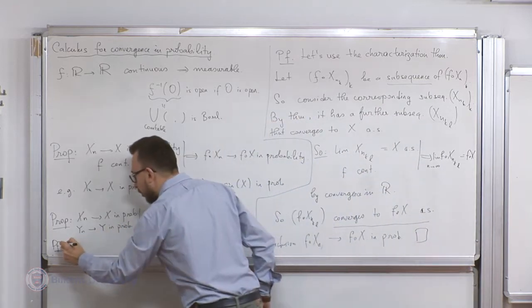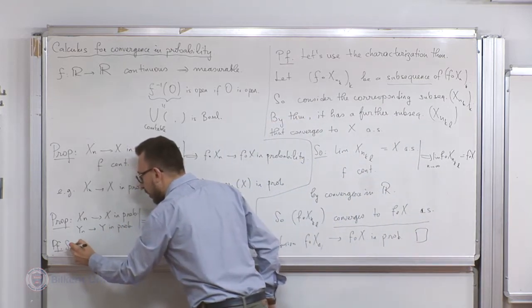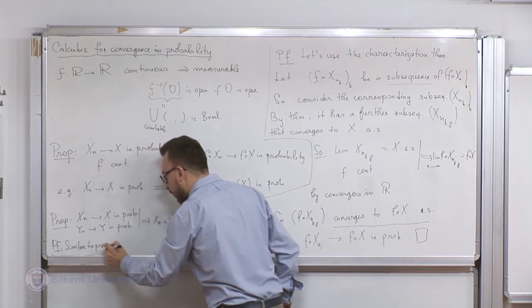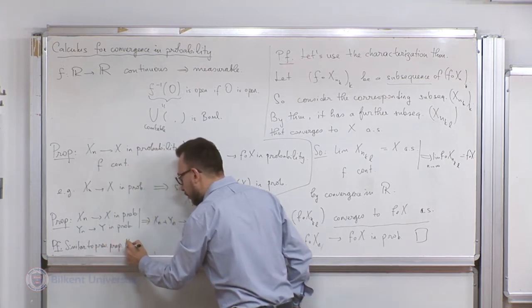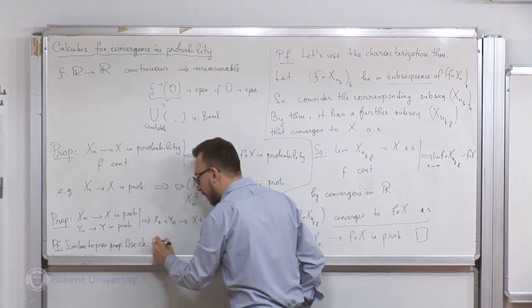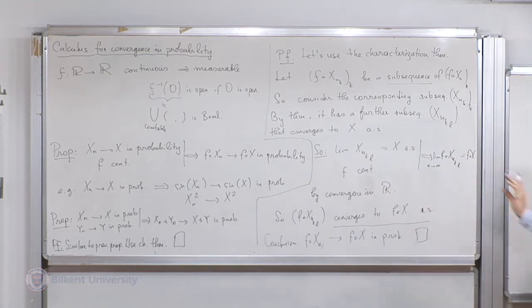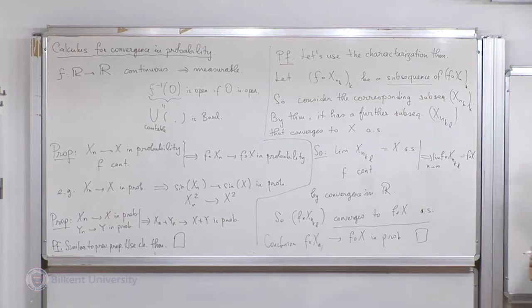So similar to the previous proposition, use the characterization theorem. Just 2 or 3 lines of proof, but I just want to leave it for you, okay? Just the same ideas, just mimic this proof, okay?